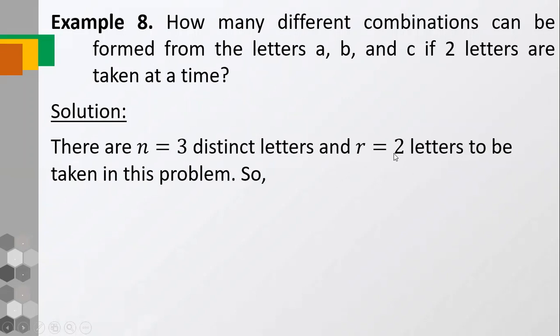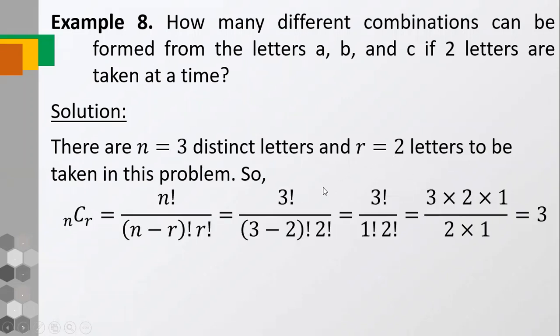So our r is equal to 2. So n combination r, or 3 combination 2, or shall we say 3 taken 2, you have 3 factorial over 3 minus 2 factorial times 2 factorial.